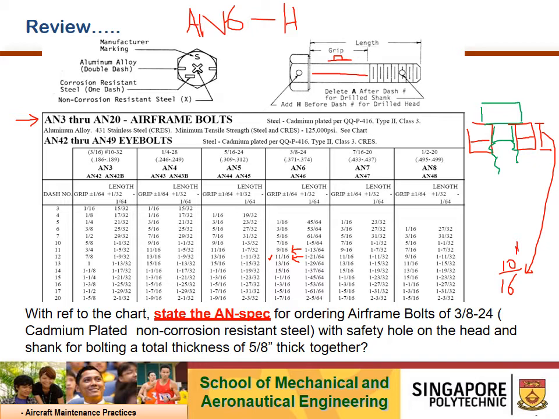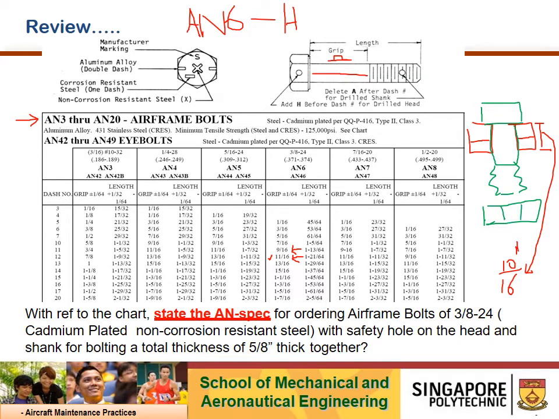The rule of thumb is we always choose the 11/16, the grip length that is longer than the material thickness. The reason is, if you order a grip length that is shorter than the material thickness, your threaded part will be inside the bearing hole.